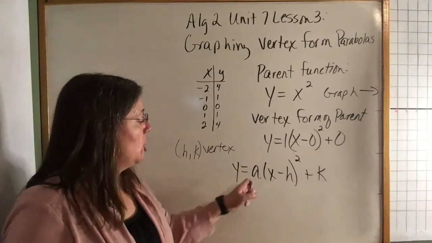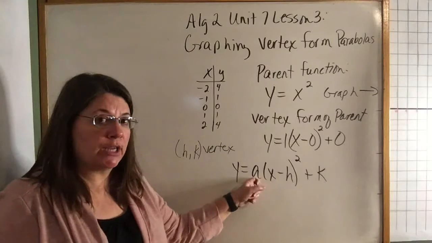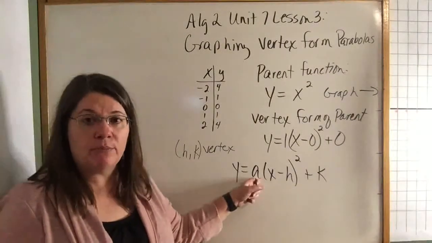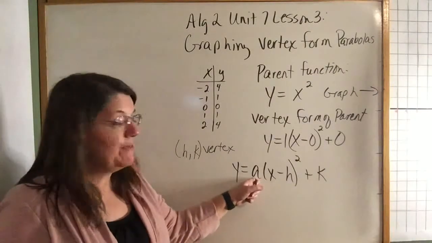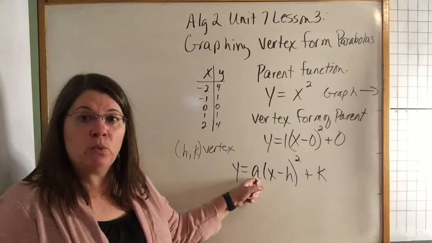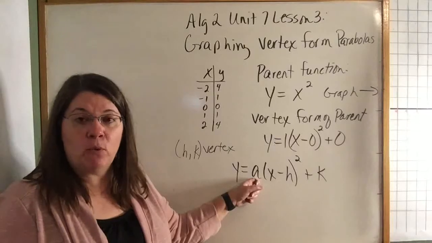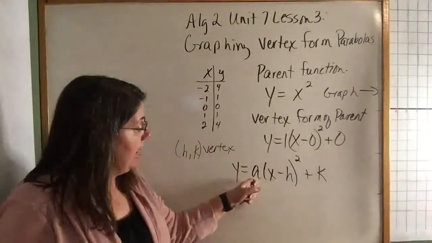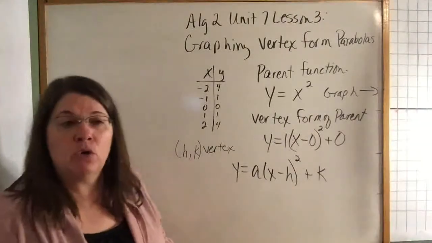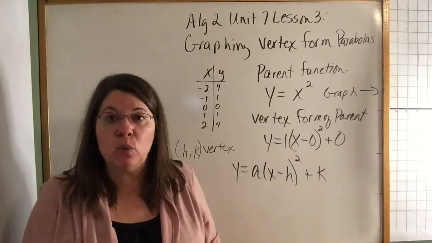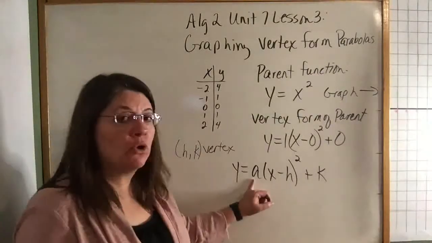Then we also talked about the a value earlier. If a is negative, it flips the parabola upside down. If a is a fraction between 1 and negative 1, then it will be a wide graph. It will be wider than normal. And if a is a number whose absolute value is greater than 1, then the function will be more narrow.